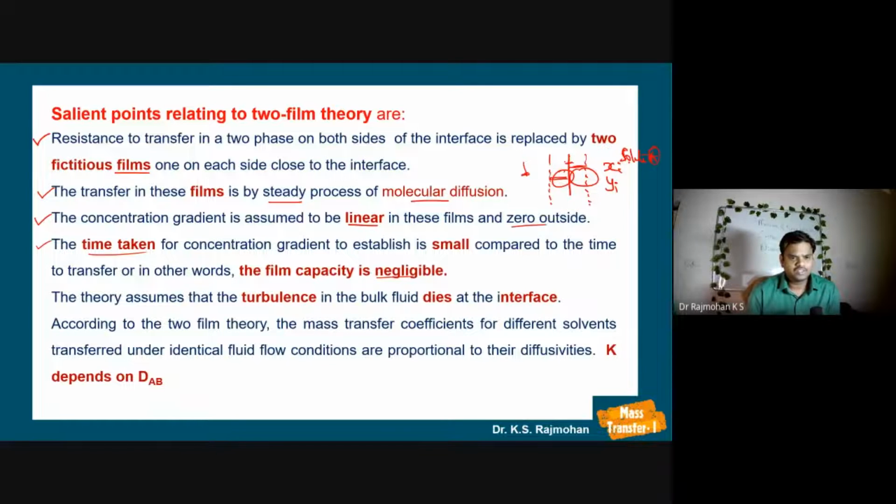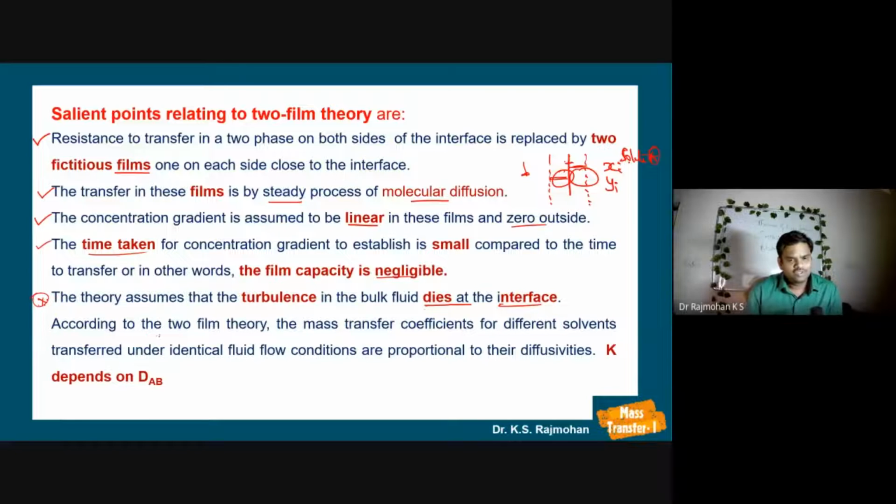This theory also assumes that the turbulence in the bulk fluid dies at the interface. Within this film only laminar flow takes place. That means turbulence or eddies in the bulk fluid die at the interface. So this is an important point.